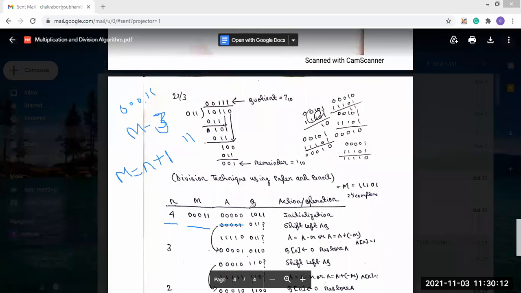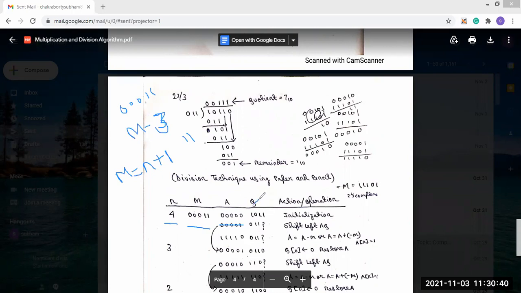To represent capital Q, we require n bits. For M and A, we require n plus 1 bits to represent the value present in them.